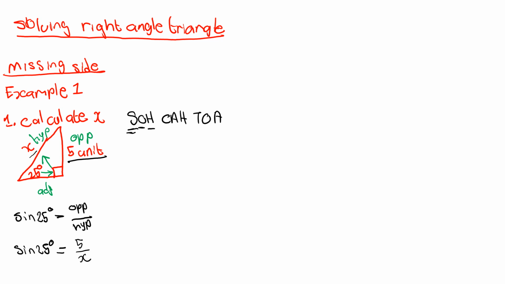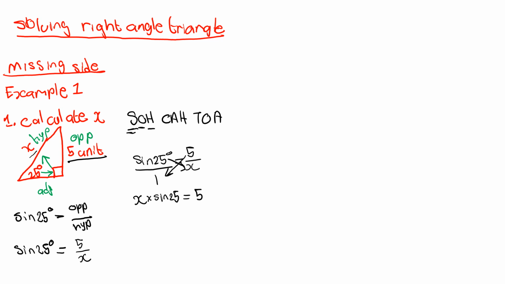So what do you do when something is like this? Sine 25 degrees is equals to 5 over x. You must cross multiply. So your 5 will multiply with your 1, and sine of 25 will multiply with x. So it will be x multiplied by sine of 25, which is equals to 5. So remember, you're solving for x, so you must cancel out the sine or take it to the other side.